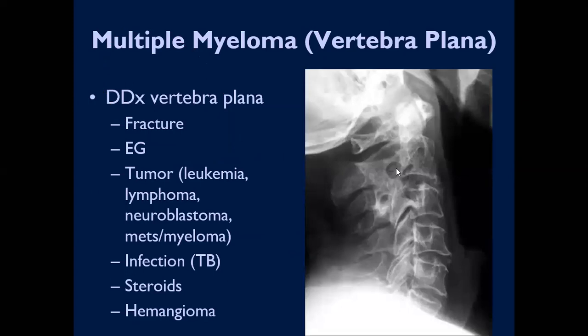In the spine, you will add what makes vertebra plana, and differentiate whether this patient is old or young. If he's young, don't forget EG, which is eosinophilic granuloma, and infection. Lymphoma and metastasis will be with you anywhere. And again, you can add multiple myeloma.